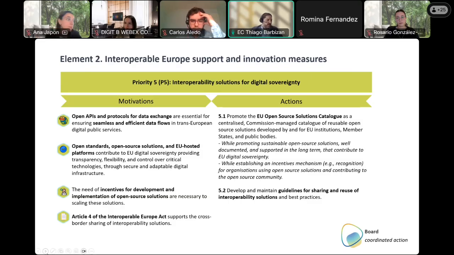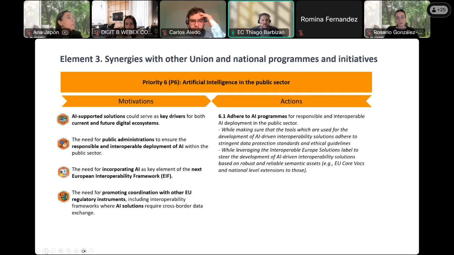And then these are the priorities linked to element 2, and now we look into element 3 in the next slide, which is the synergies with other Union and national programs. And here the focus is really on artificial intelligence in the public sector. And the action was to adhere to AI programs for responsible, interoperable AI deployment in the public sector.